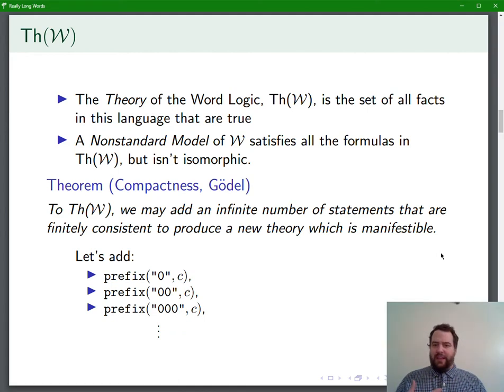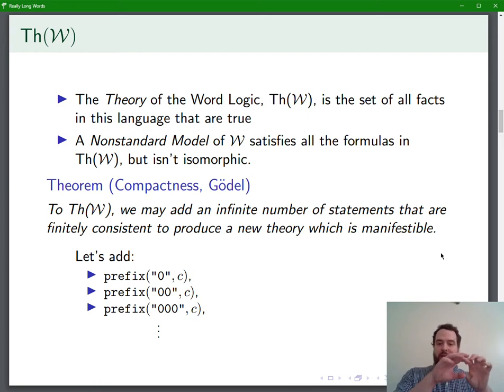And one of the things that happens whenever you have an infinite structure and take its theory, there's some details you have to work out, but you can produce what's called a non-standard model. So a non-standard model of W, in this case, is going to satisfy all of the formulas in the theory of W. So all of the true things in the language, all of the true things in the logic that are true of words are also going to be true of this other structure, but it's not going to be an isomorphic structure.